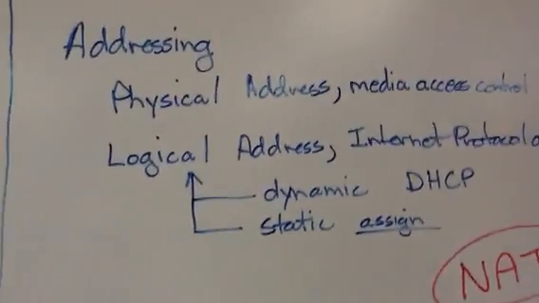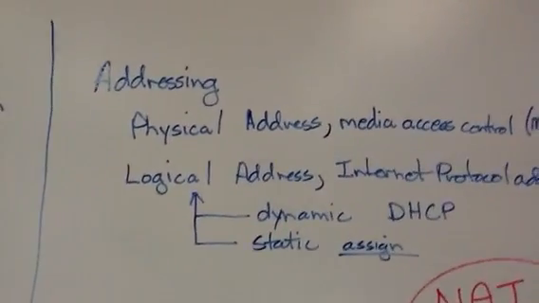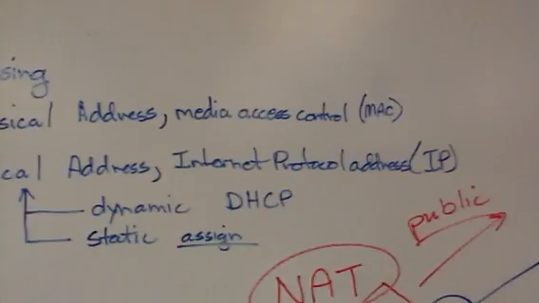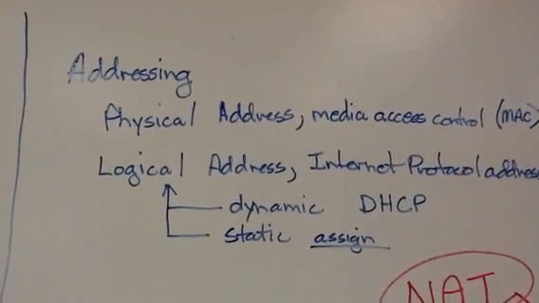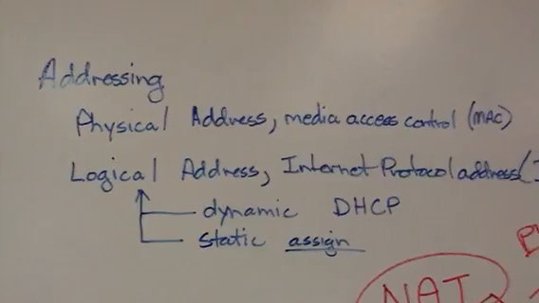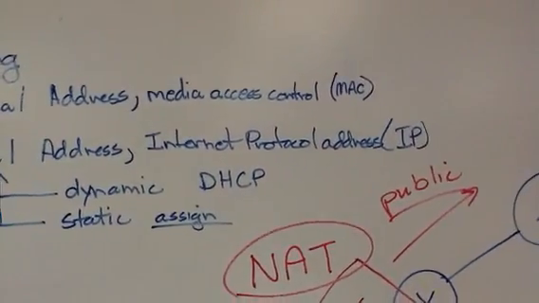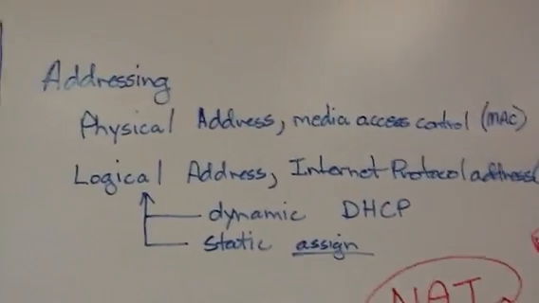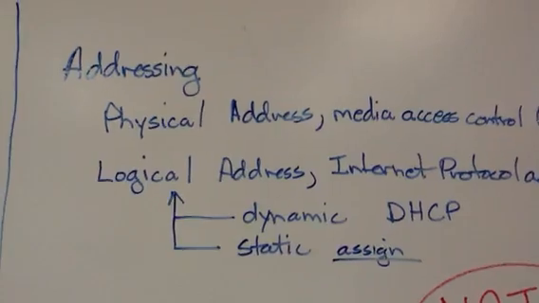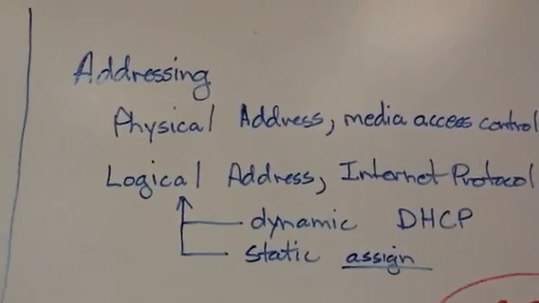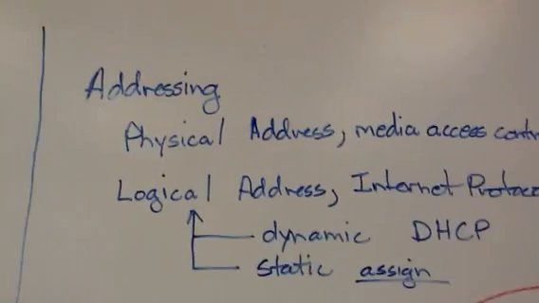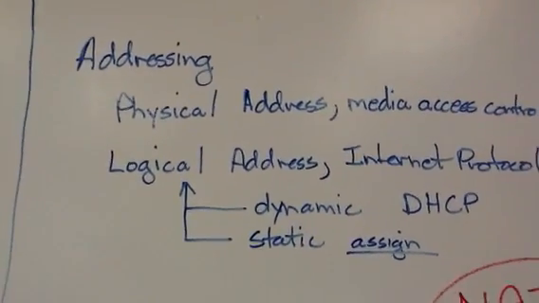So we reviewed addresses. We talked about the physical address, the Media Access Control address, the MAC address, which is unique to every single device in the world. Then we talked about logical addresses, Internet Protocol, IP addresses, and then we can get those either dynamically using DHCP, or we can get those statically, ones that are assigned. Okay?